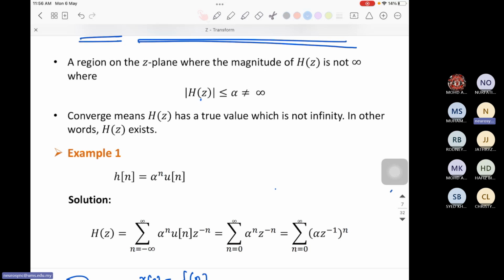Now this u of n is a step function which only exists from n equal to 0 to infinity, in the positive half only. Therefore, this summation is only from n equal to 0 to infinity of alpha to the power n z to the power minus n. Keeping n separate, this is alpha z to the power minus 1.